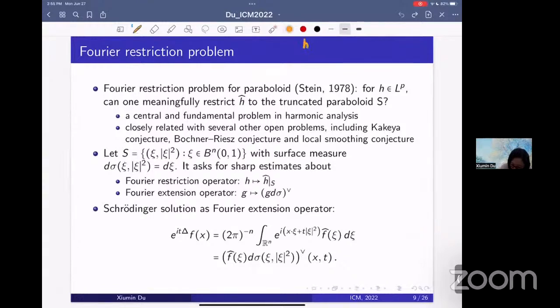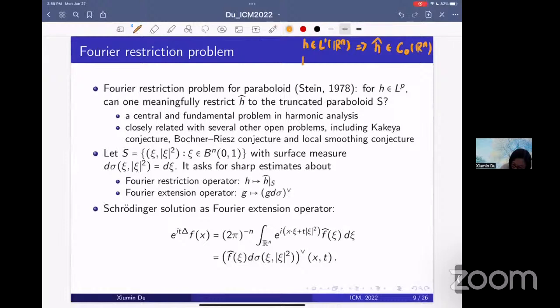Suppose h is an L1 function on R^n. Then we know that its Fourier transform h hat is a continuous and bounded function. So we can restrict h hat onto any subset of R^n and get a meaningful function on that subset.